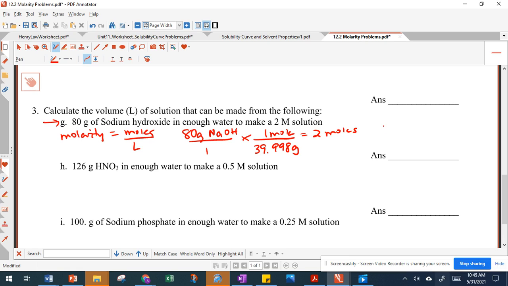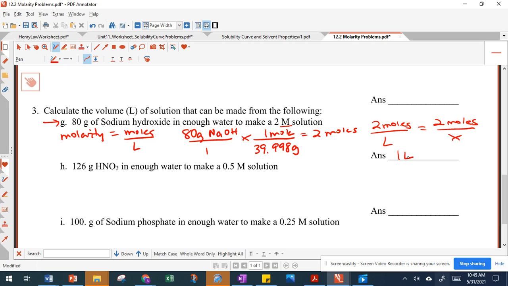If we plug that into our equation for molarity, 2 moles over liters is equal to 2 moles over X, and that means X is 1 liter. Okay, so pretty straightforward. That's how you do your molarity problem.